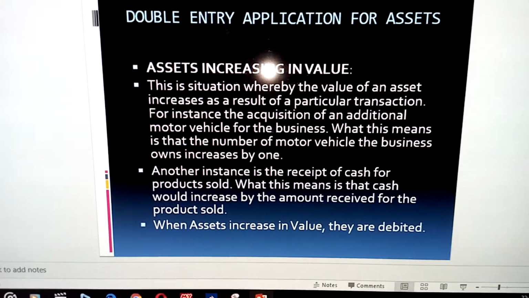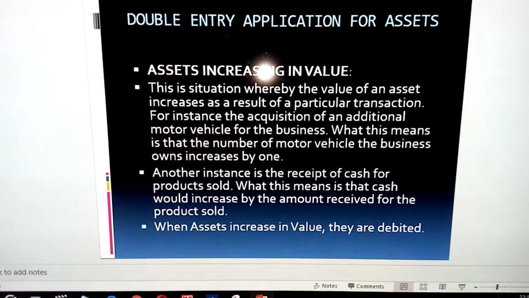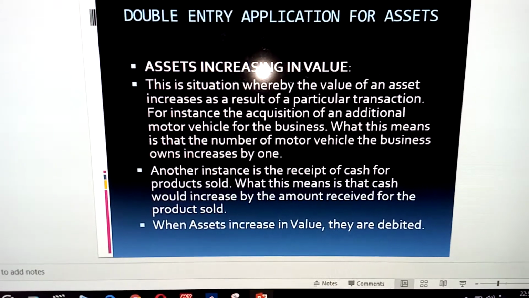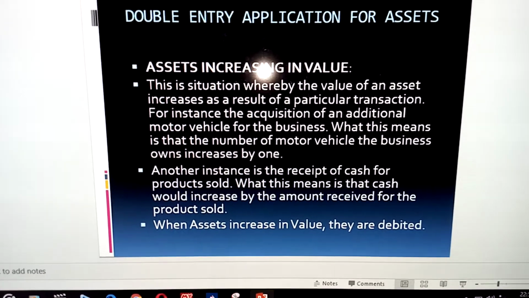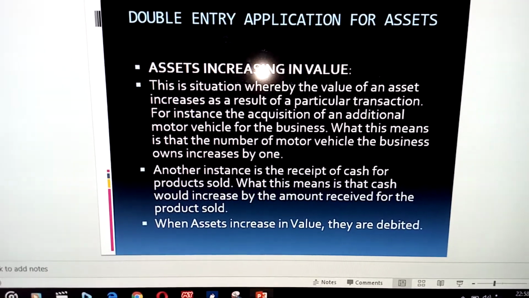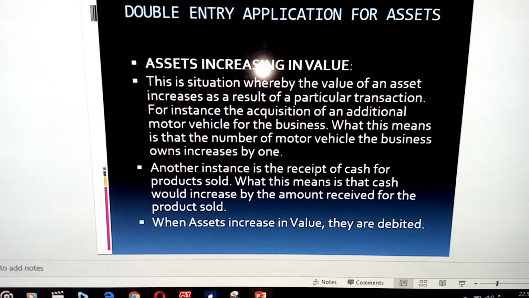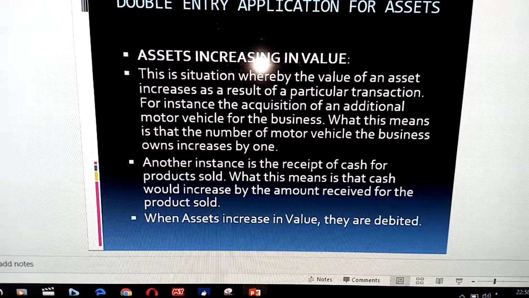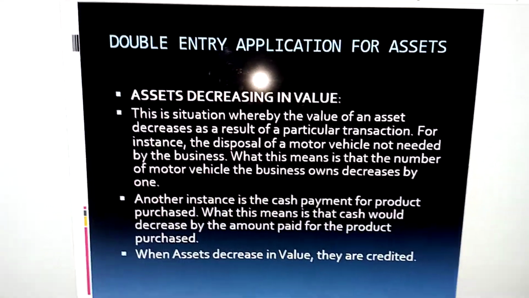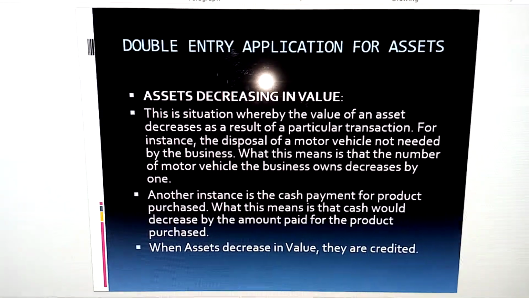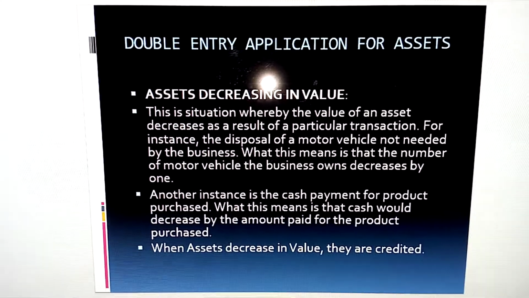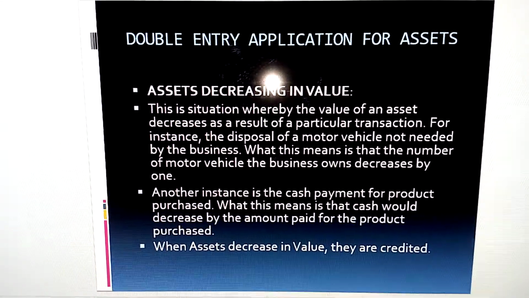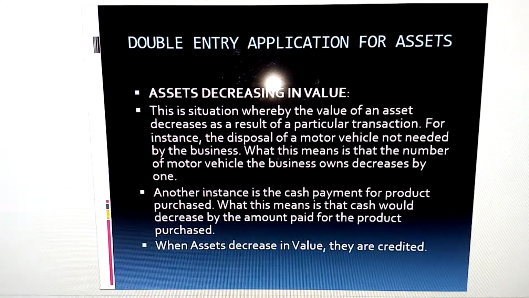So if we have an additional furniture, an additional building, an additional equipment, an additional cash, an additional debtor, those are increase in values. They are debited. Now, where there is a decrease in the value of the assets, they are credited. What am I saying?